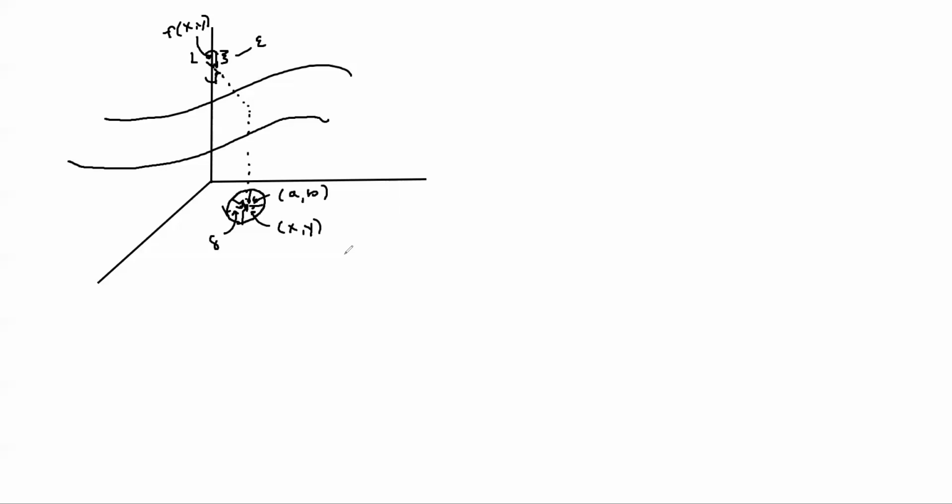Okay, so how does this affect calculating limits? That's probably the main thing that you care about. The main reason that you're watching the video is how does this affect calculating limits?